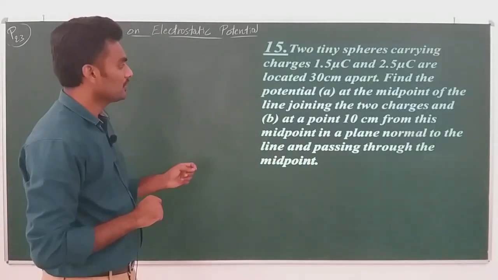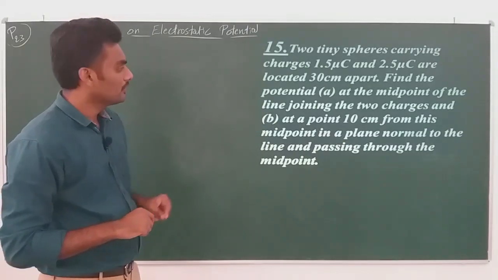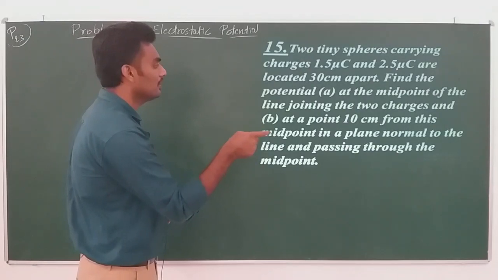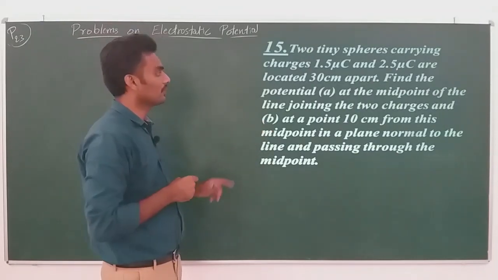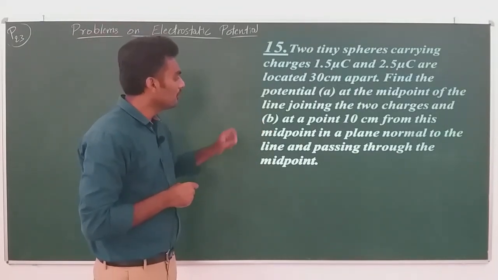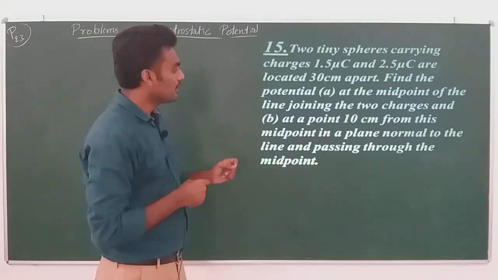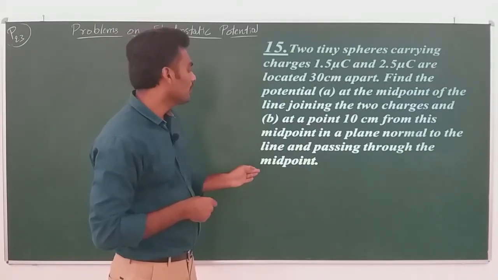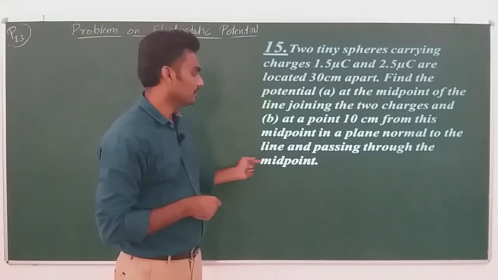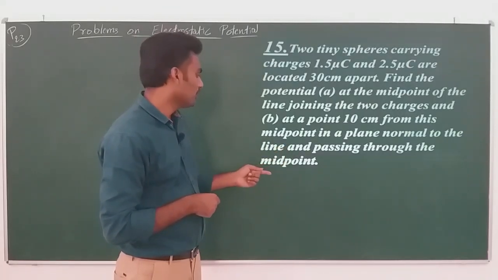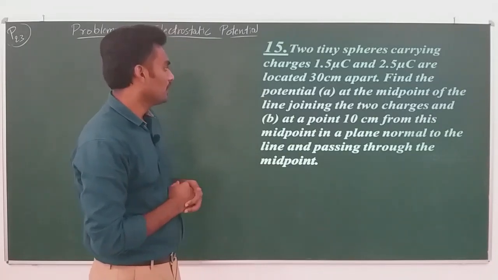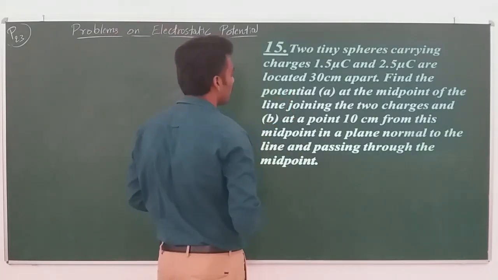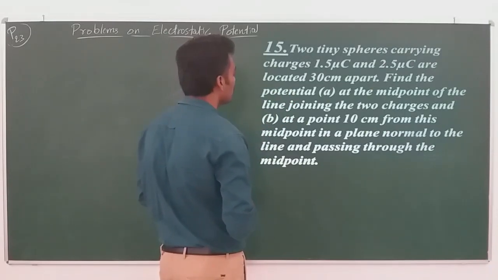Find the potential: A, at the midpoint of the line joining the two charges, and B, at a point 10 centimeter from this midpoint in a plane normal to the line and passing through the midpoint. Okay. So first let us look into the arrangement of charge.